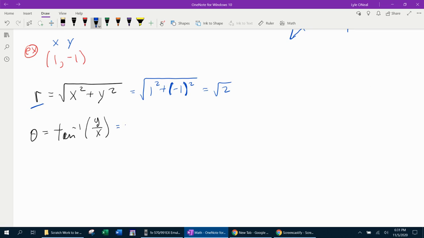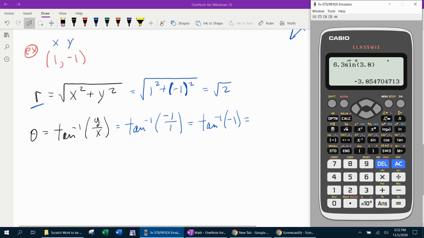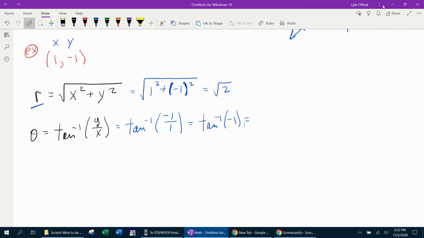Now for my angle, that's going to be the inverse tangent of y over x, which if I simplify that, that's the inverse tangent of negative 1. And I should be able to bring up the calculator and do the inverse tangent of negative 1. And since I'm in radian mode, I'm going to get a radian angle, negative pi over 4.